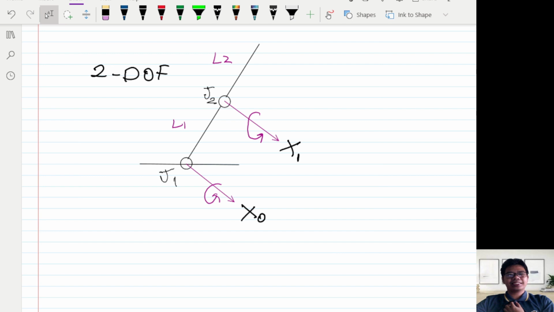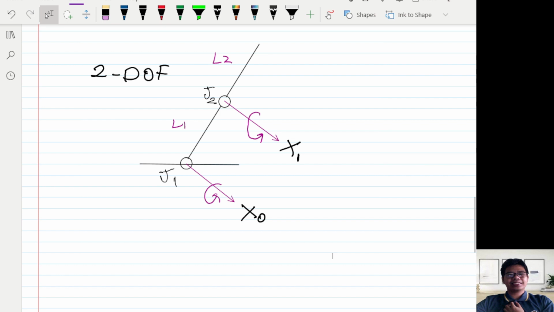Unlike the rigid body, we count it with its own computation of degrees of freedom. Okay, so in this example, we have 2 degrees of freedom, but the ideal number of degrees of freedom of a planar manipulator is 3.